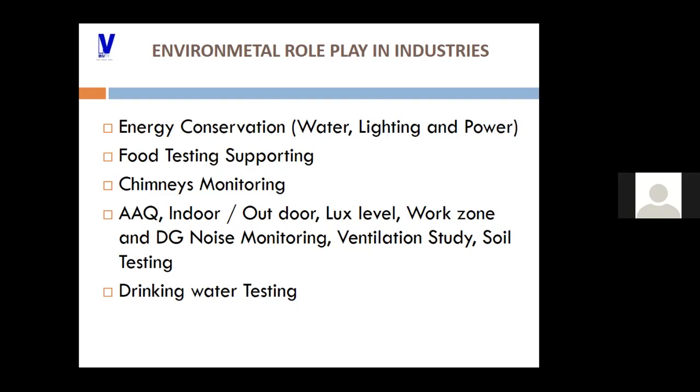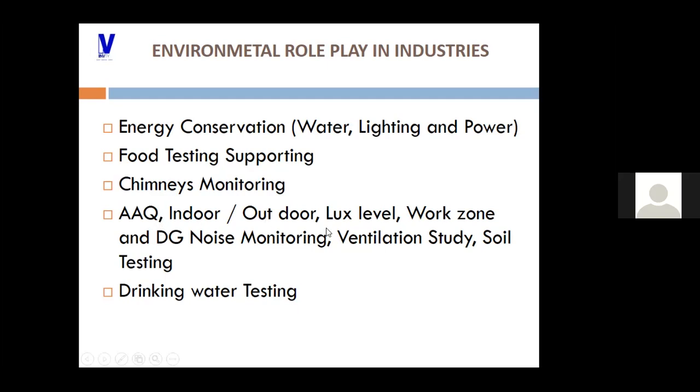Based on the category, our PCB officials will declare the details to us. You have to do this practice on a monthly basis, or quarterly basis, or 6-month basis, or annual basis, depending upon the industry category.